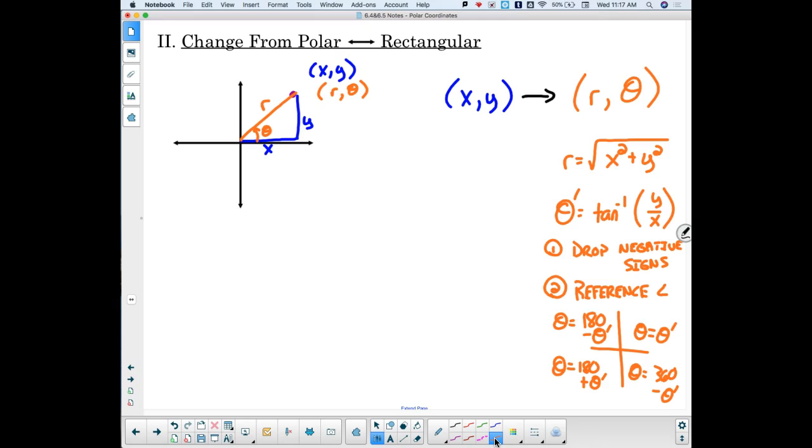Okay? All right? So that is how we go rectangular into polar. How can I go polar into rectangular? What would X be and what would Y be?